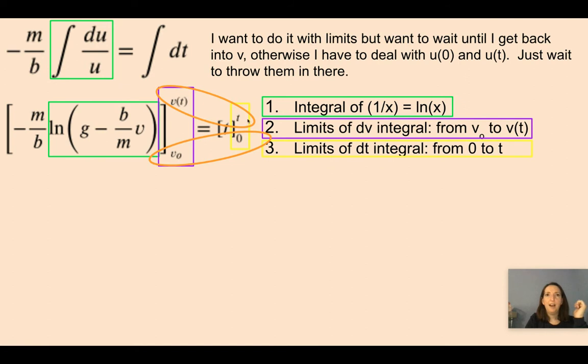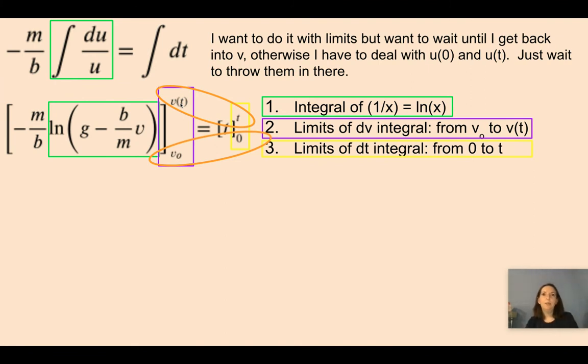And then at time t, the velocity is v of t, v at that value of t. So if you were asked for information about the velocity at a particular time, like 2 seconds, that would be 2 seconds right here, and this would be v at 2 seconds. Okay, so hopefully that's all gelled in your head.